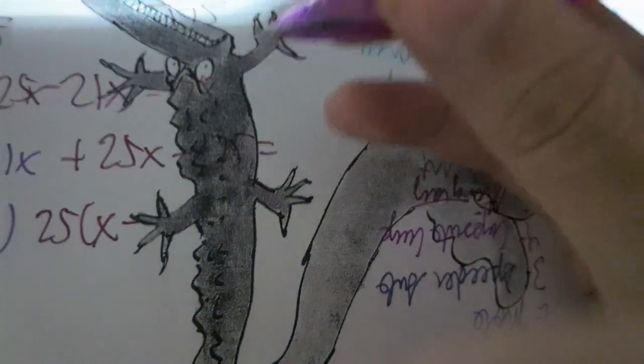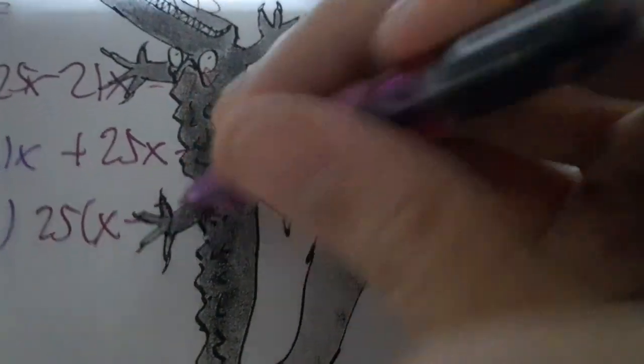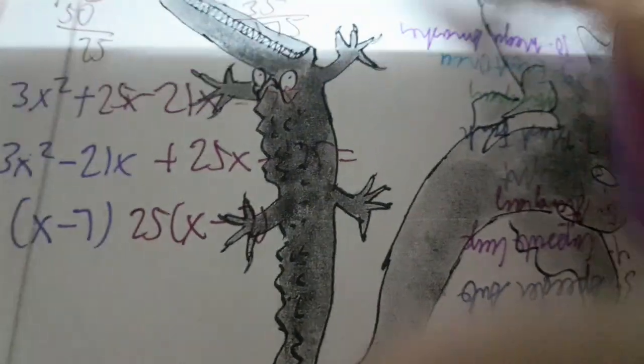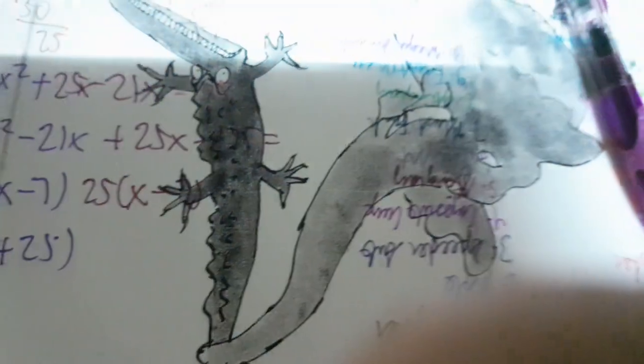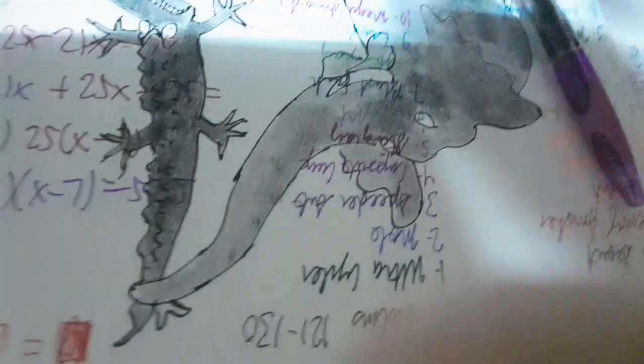25x minus 175, which is 25 times x minus 7. So therefore, the formula will go like this: 3x plus 25 times x minus 7 equals negative 525. Okay? Because if we were to do this, we're going to get this answer. That's how we simplify our answer.